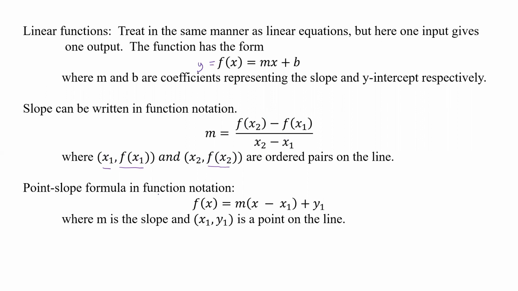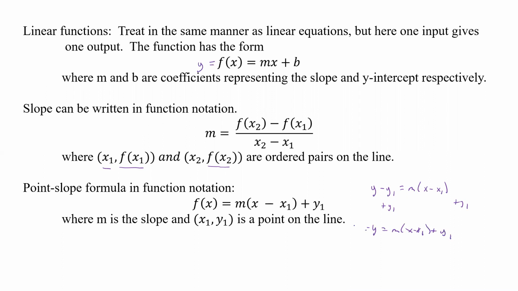And then our point slope formula in function notation is going to be f of x is equal to m times x minus x1 plus y1. Now, if you remember, it's really y minus y1 equals m times x minus x1. And what we do is we add y1 to both sides. And so we get y is equal to m times x minus x1, and then plus y1.